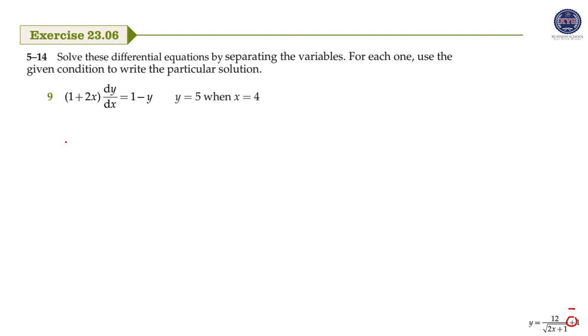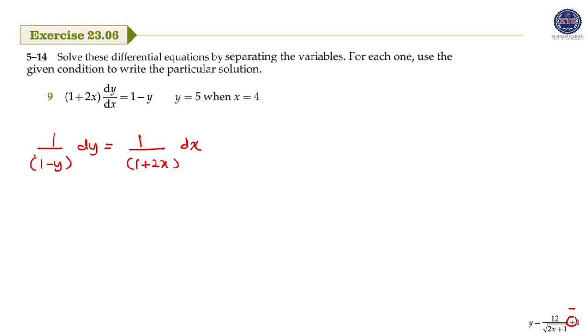Alright, so first thing first, we like to change the location of y and x. So therefore I will have 1 over 1 minus y dy equal to 1 over 1 plus 2x dx. Okay, you have to play around over here.